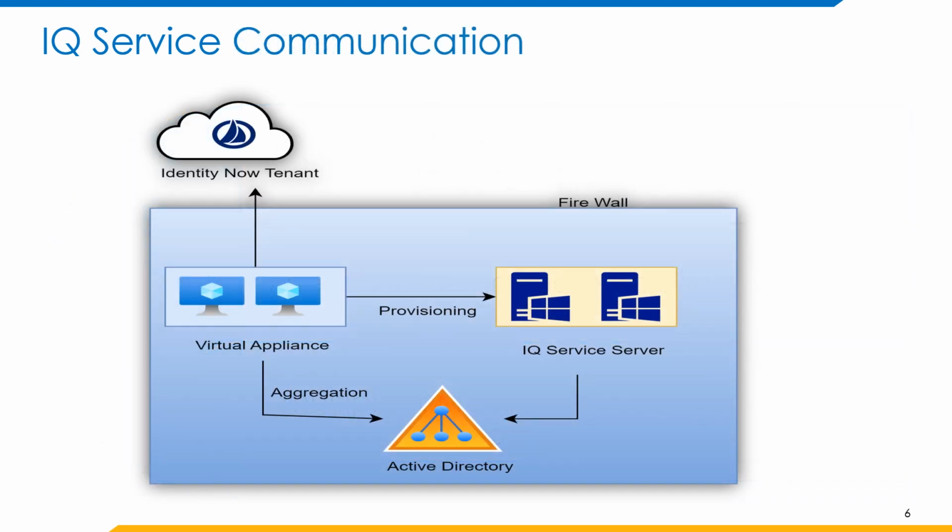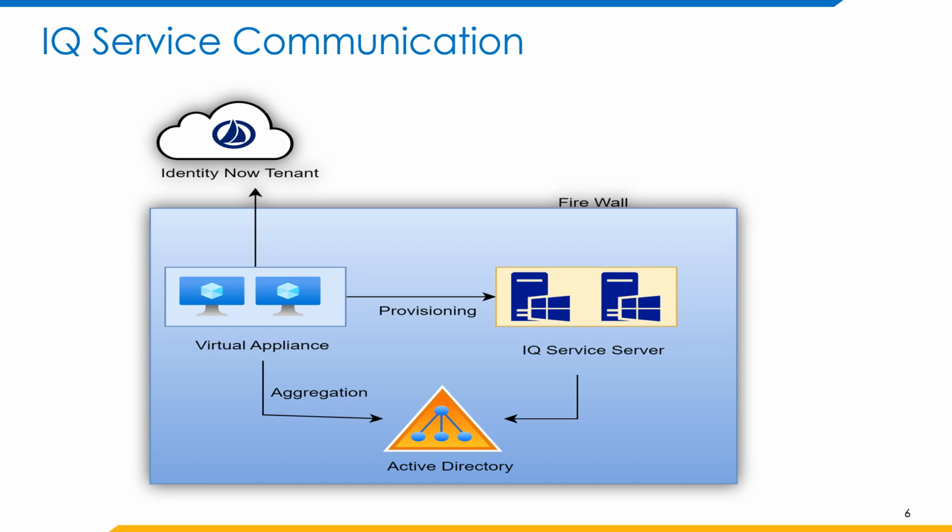In this slide, we are going to see the overall communication flow between IQ Service and the IdentityNow tenant. First, let's discuss the virtual appliance, IQ Service server, Active Directory, and process. Virtual appliances are the connectivity gateway between SailPoint IdentityNow and the target applications.